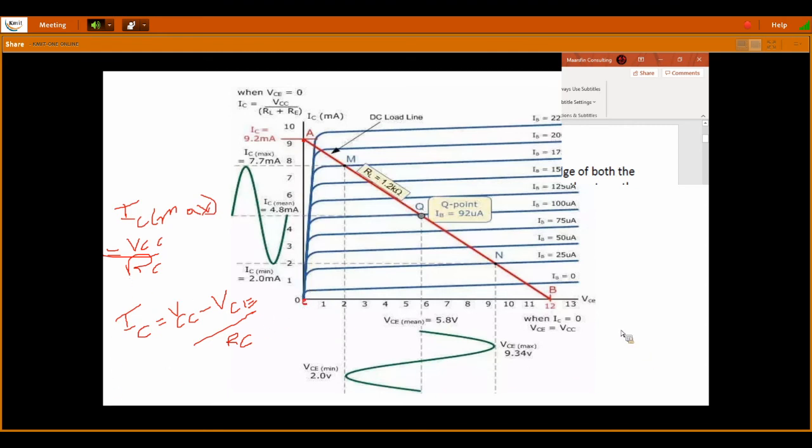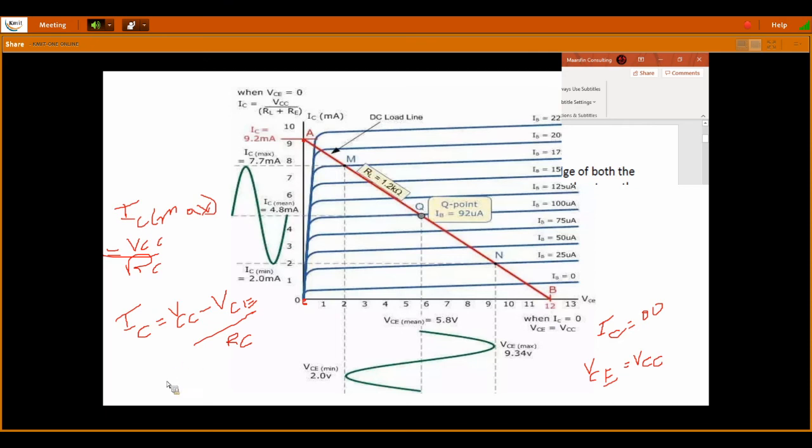So next, the minimum amount of collector current is flowing when VCE is maximum. There IC is 0, hence the minimum amount of current flow in the transistor, IC, is 0. So here VCE is your output voltage, and it has to be equal to VCC.